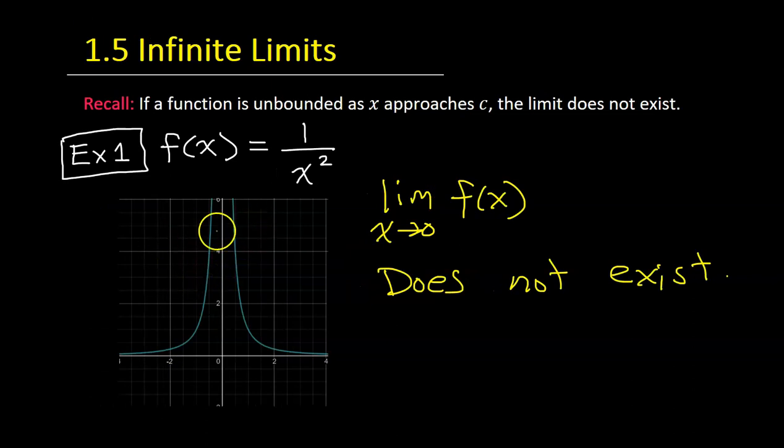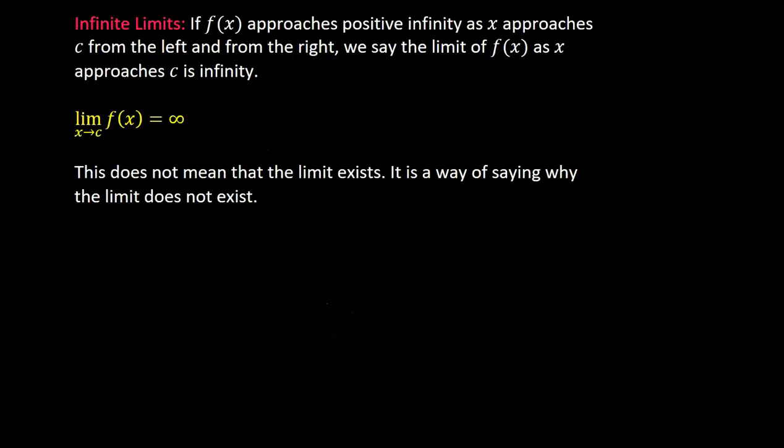If an unbounded function means that the limit does not exist, then what is this video even about? Well, the term infinite limit simply refers to one particular way for a limit to not exist. So, infinite limits. If f of x approaches positive infinity as x approaches c from the left and from the right, we say that the limit of f of x as x approaches c is infinity.